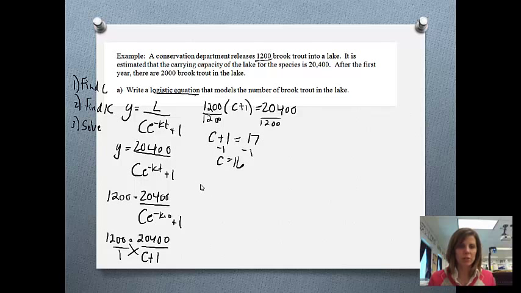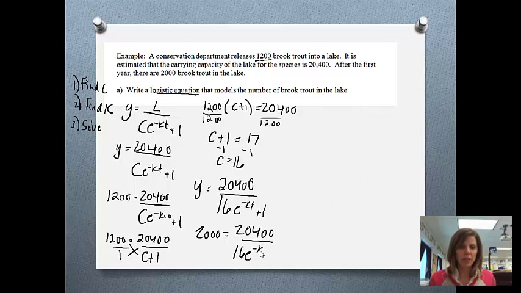So far I now have y equals 20,400 over 16e to the negative kt plus 1. Next I'm going to use the fact that after the first year there are 2,000 brook trout in the lake. So I have 2,000 equals 20,400 over 16e to the negative k, because t is 1, plus 1.